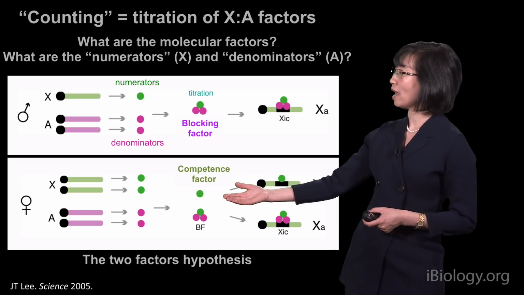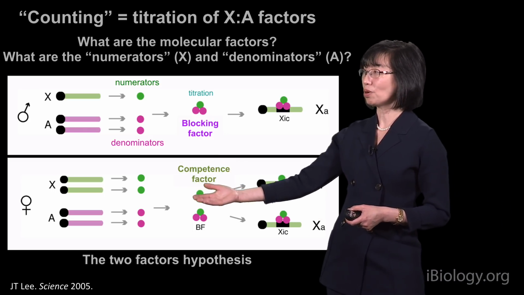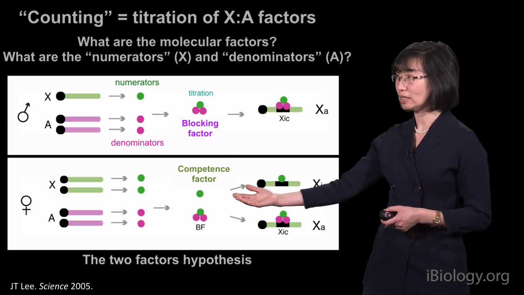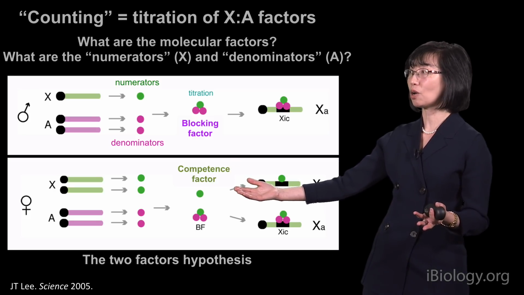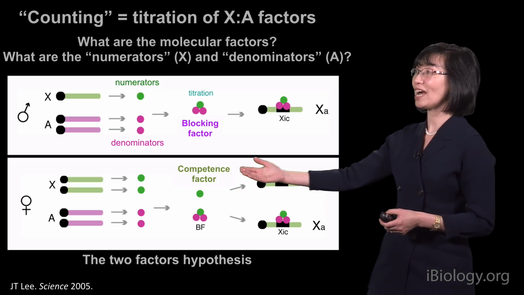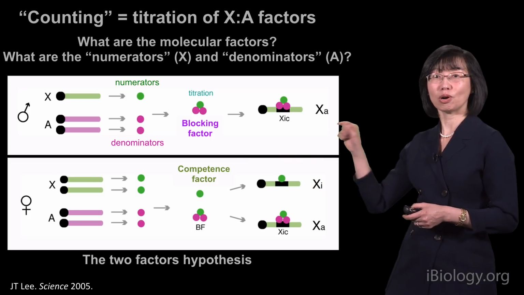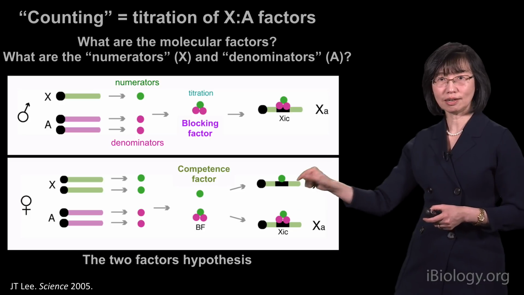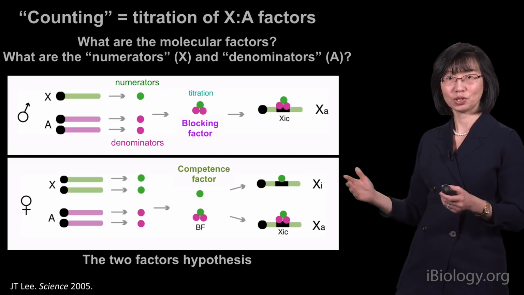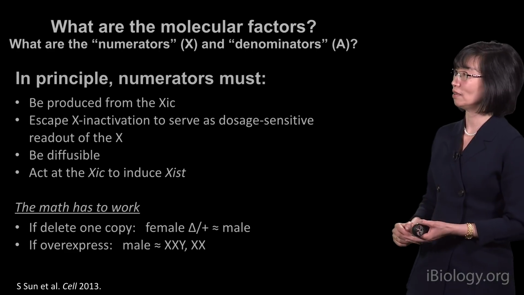So we propose that that factor goes and forms this additional complex called a competence factor, which has to sit on the remaining X chromosome to purposefully induce the initiation of inactivation. So that's the 2 factors hypothesis.